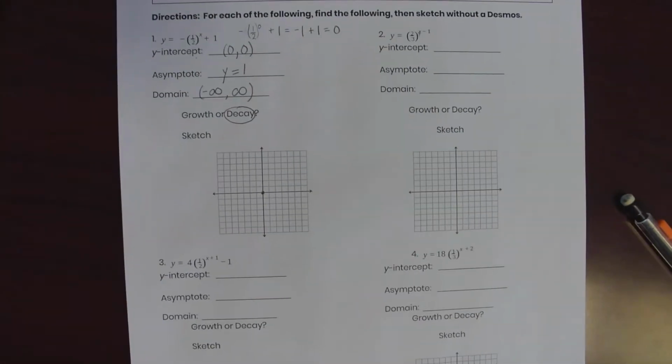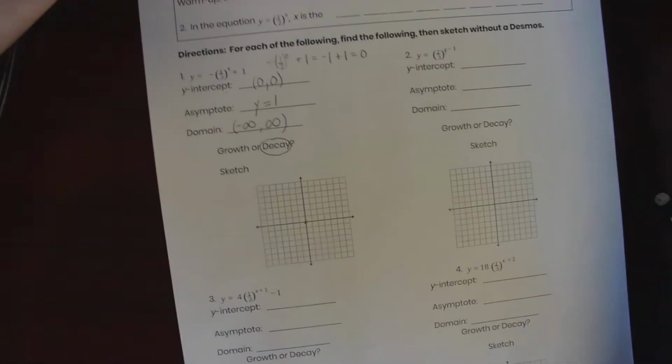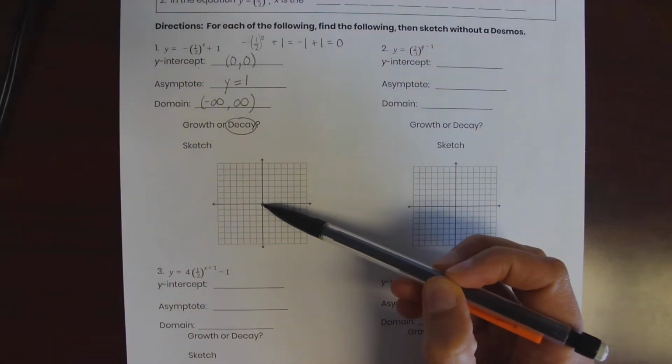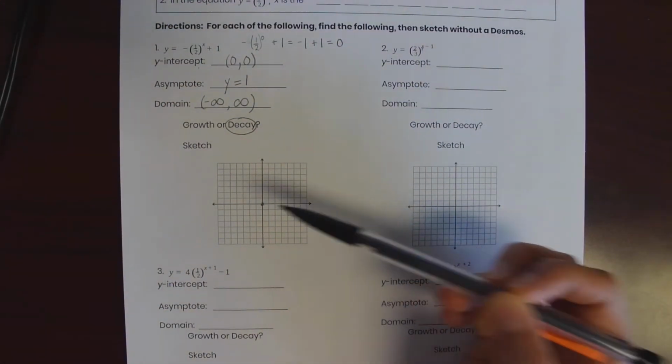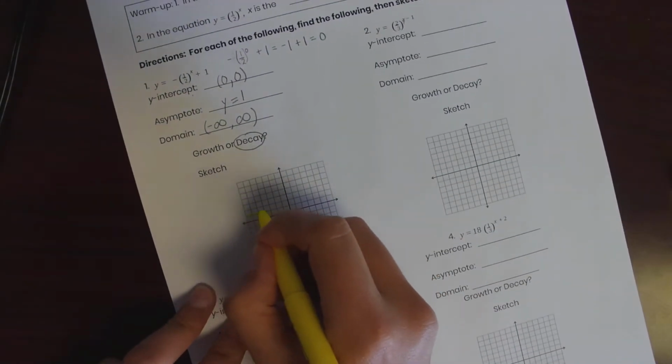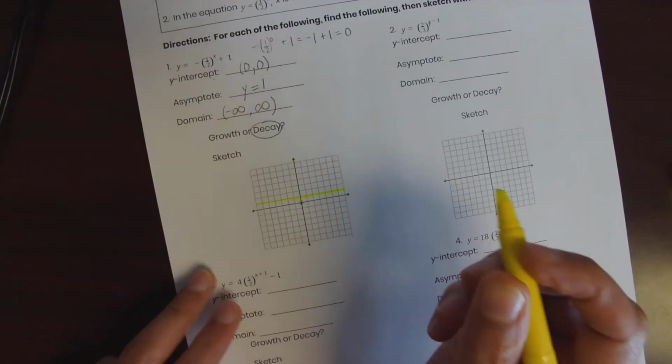First, I already marked the y-intercept, which is at 0, 0. Our asymptote is at y equals 1, so I'm just going to make a little mark.